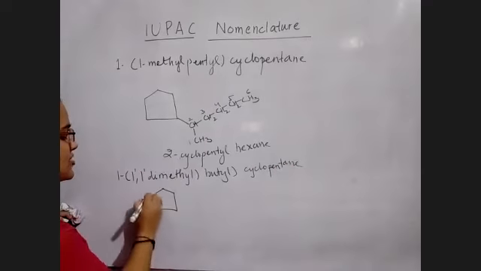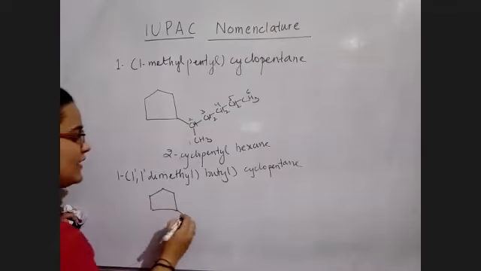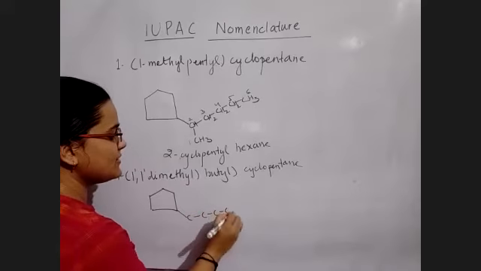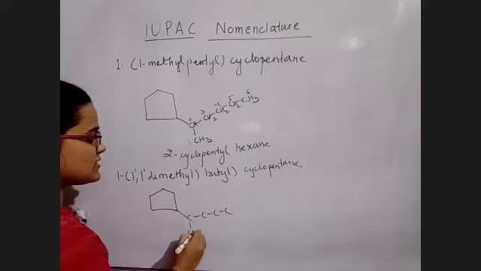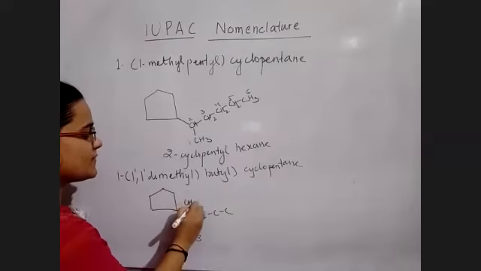Cyclopentane means structure will be like this. 1,1-dimethyl butyl means 4 carbon atoms at first position. CH3 is attached.